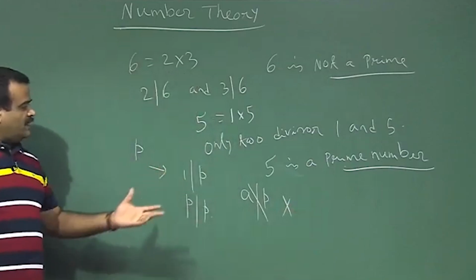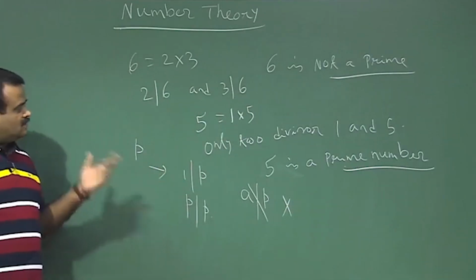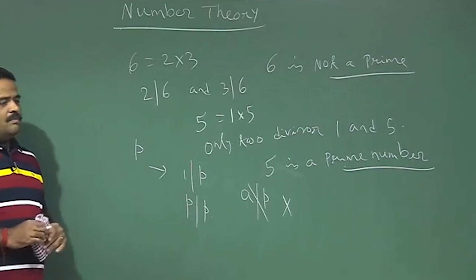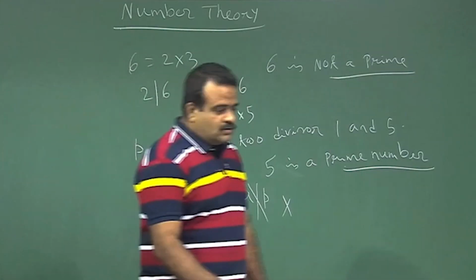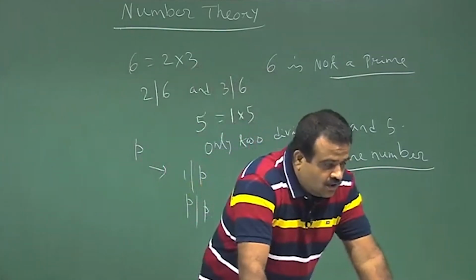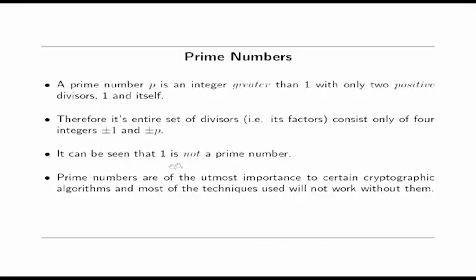We should not find such an a. Then this number p is called a prime number. It can be seen that 1 is not a prime; we consider 1 not a prime. Prime numbers have a very important role in cryptographic algorithms. We will see those slowly.